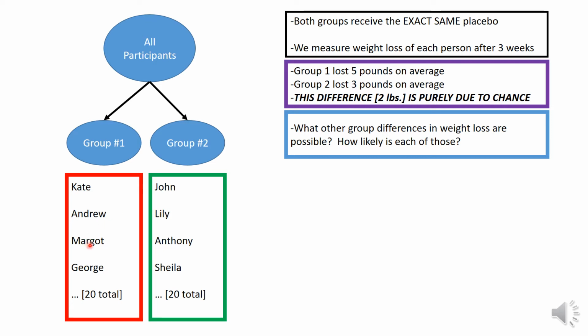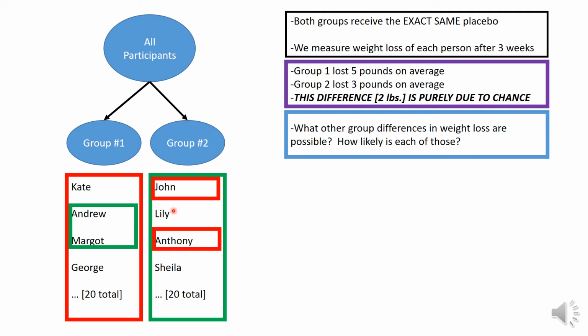With Margot, I flip a coin and it comes up tails, so she's now going to be considered a part of group 2. And I do that for each of them. So we can see that John is now going to be considered a part of group 1. Anthony is now going to be considered a part of group 1 also, whereas Lily and Sheila are still considered a part of group 2.